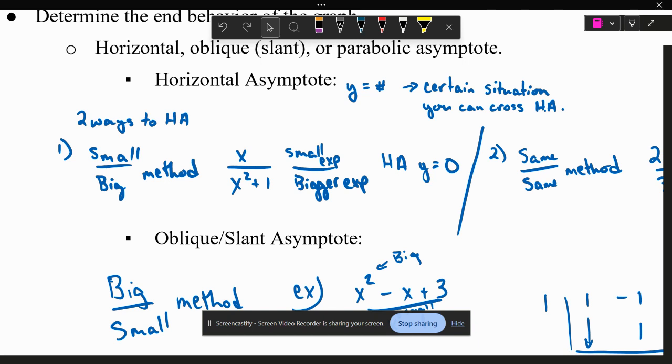I call it the small to big method, where your smaller exponent is on top and your bigger exponent is on the bottom, so your horizontal asymptote is always at y is equal to 0. So if your lead exponent on top is 1 and your bottom one is 2 or 3 or 4 or 5 or whatever, it's always at y is equal to 0.